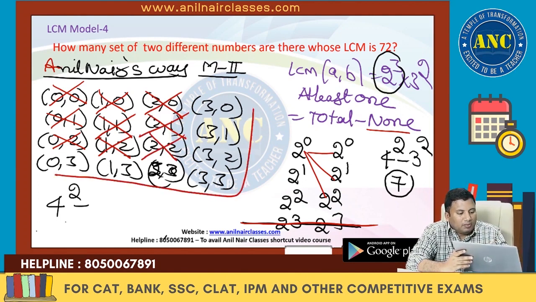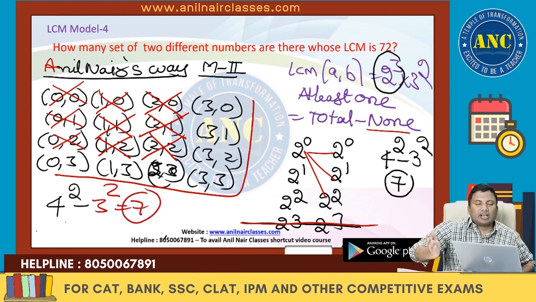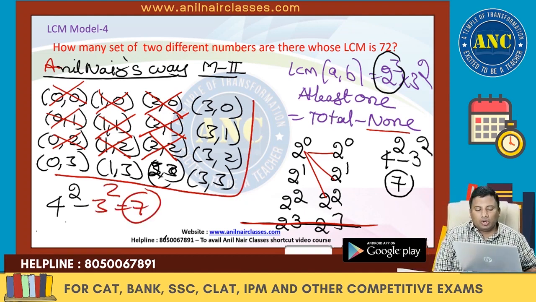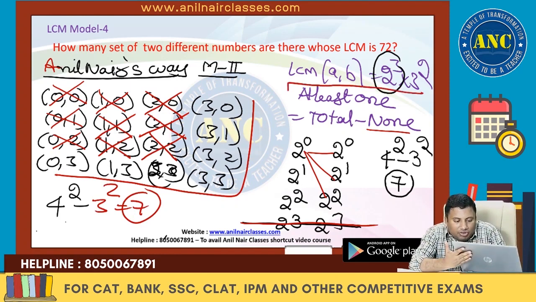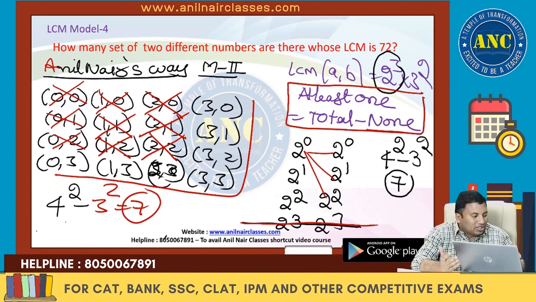What are these remaining? Remaining is what we got there: x1 3, x2 0, 1, 2, 3. Yes or no? At least 1 is nothing but total minus none.